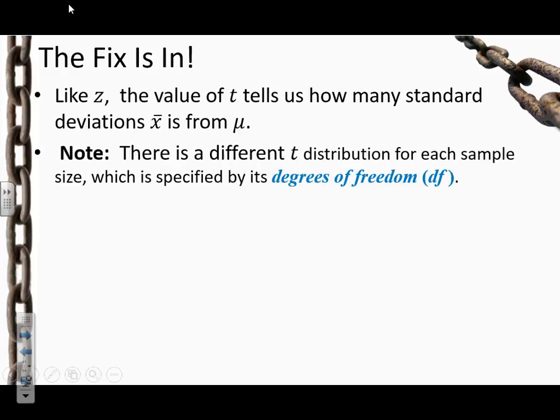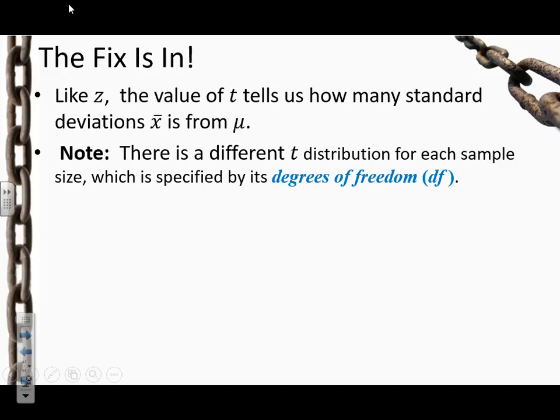Now, something else he noticed as he was running through these different samples and sampling distributions, and discovering this whole new distribution, was that if he changed the size of his sample, he changed the shape of his distribution.